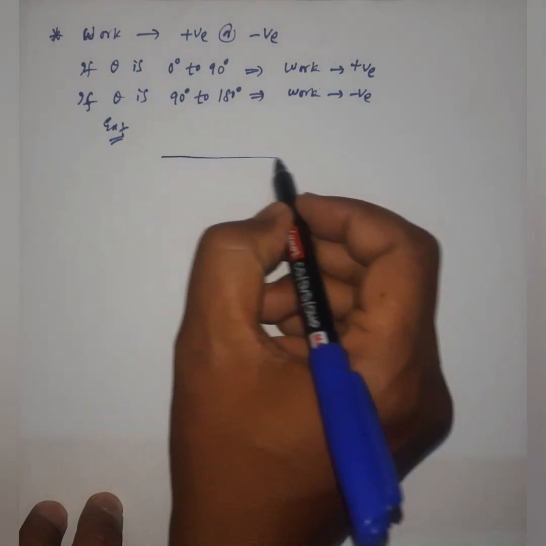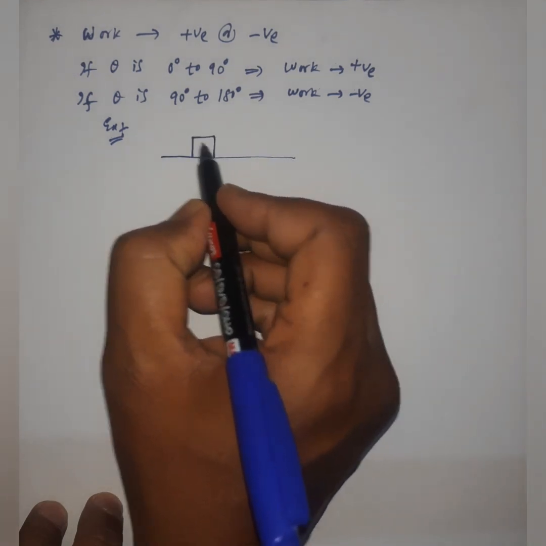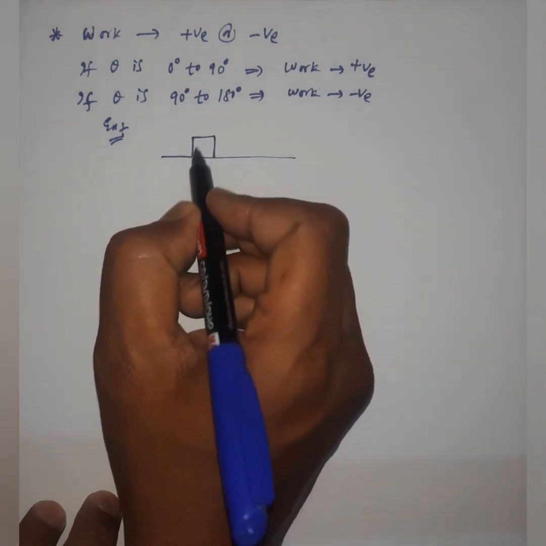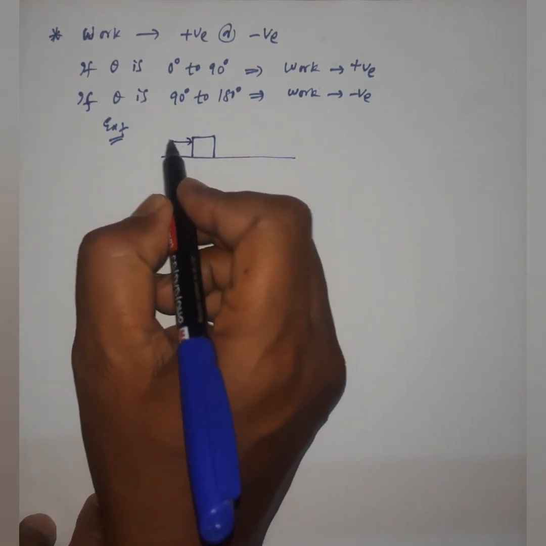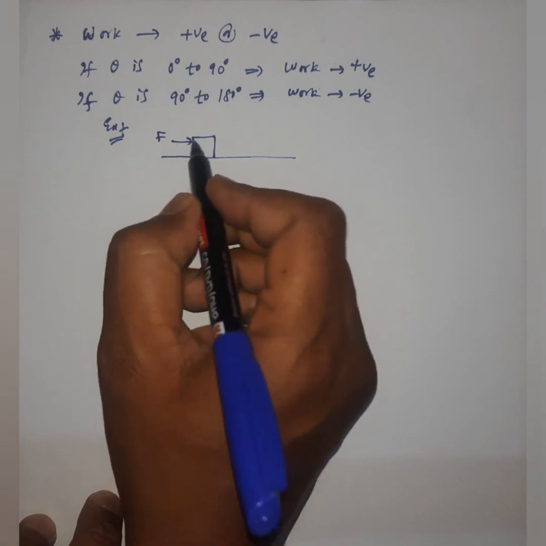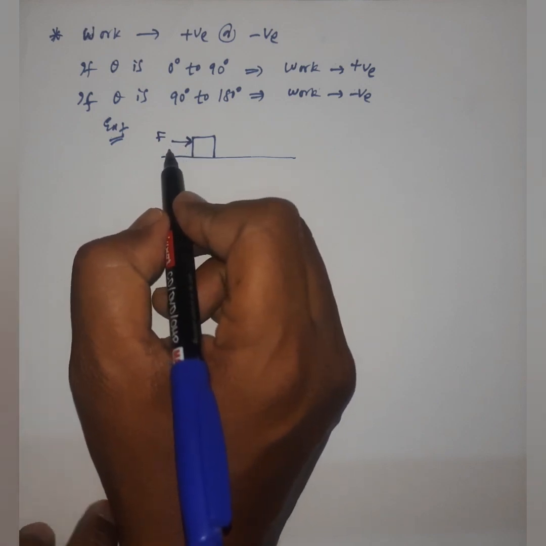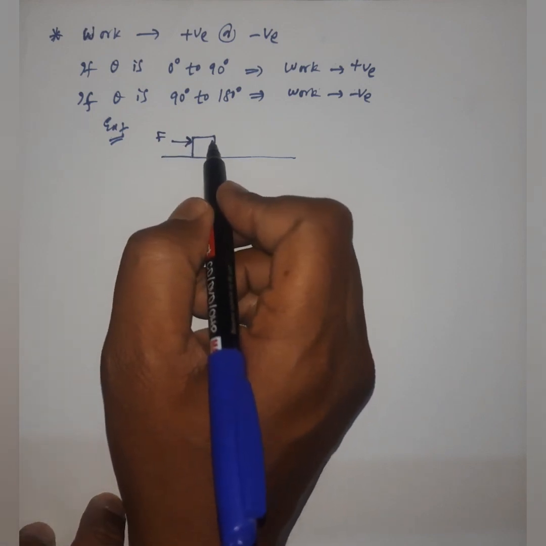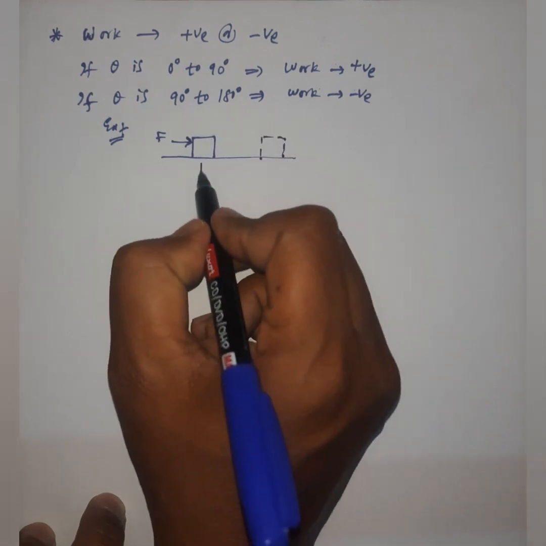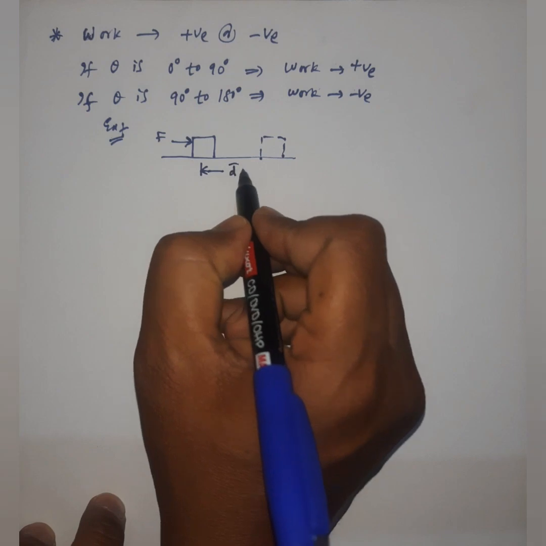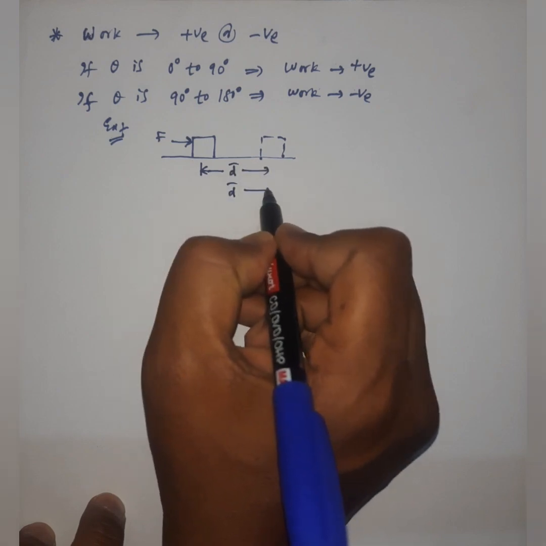Here an object is placed on a floor. I am applying force in this direction. Due to this force, let us take the displacement of the object to be in this direction.